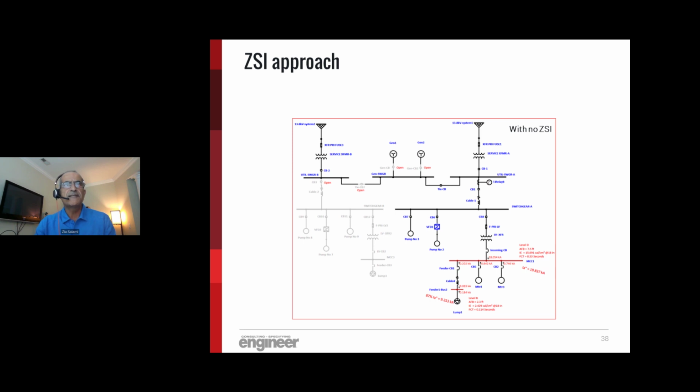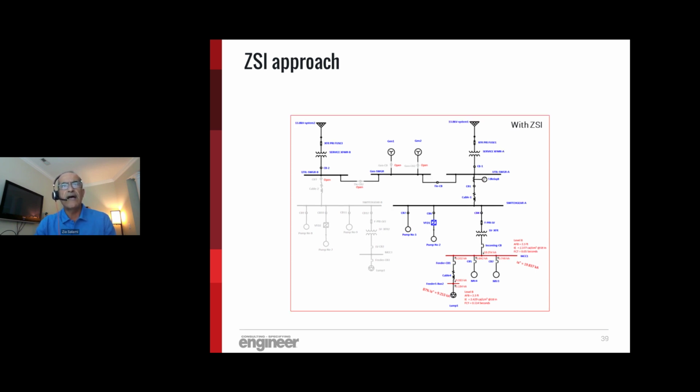Now, are we able to reduce it? Let's try the ZSI. In the next picture, including the ZSI, as you see here, we're able to reduce it to around 2.3 cal and 0.05 second FCT, considering the interlocking between the incoming breaker and the feeder breaker, CB1, to achieve that.